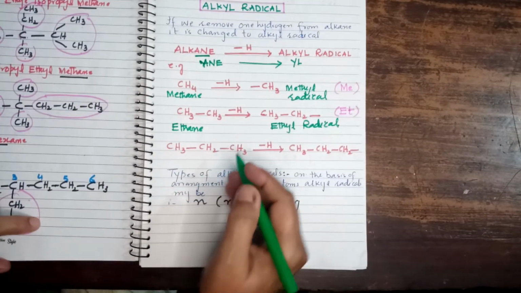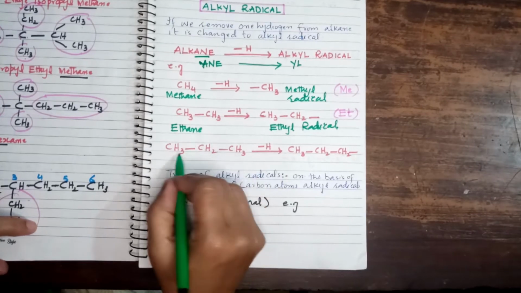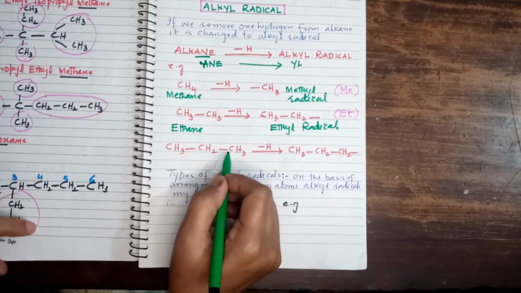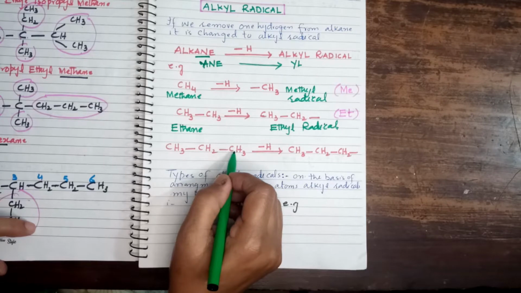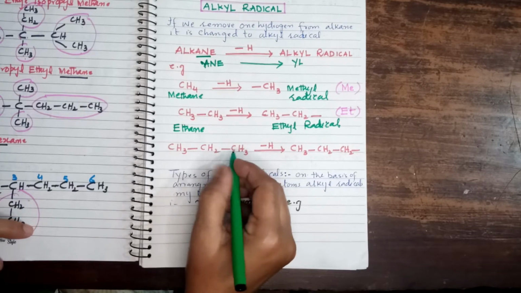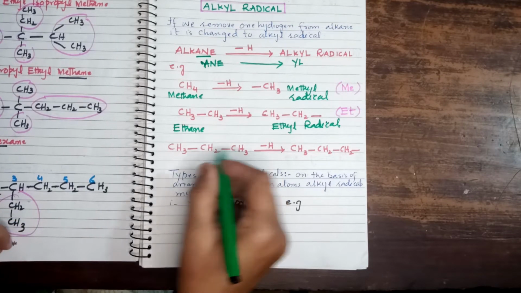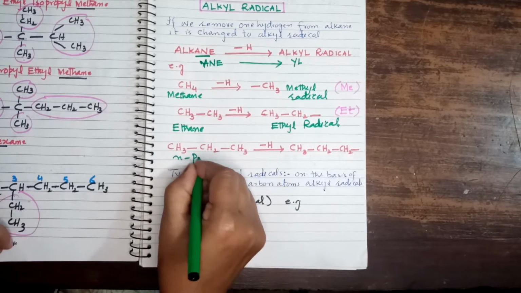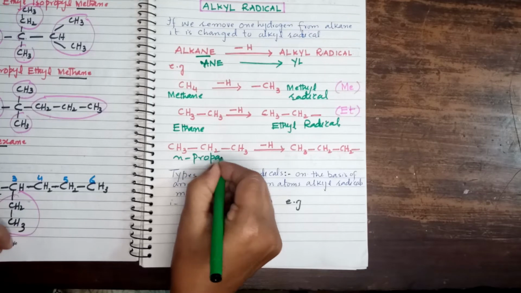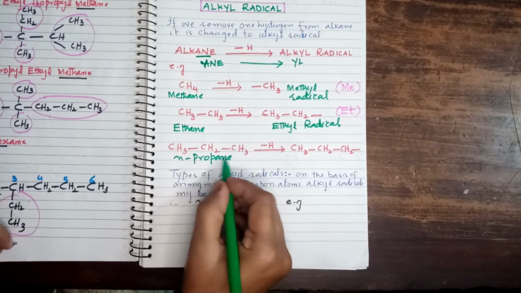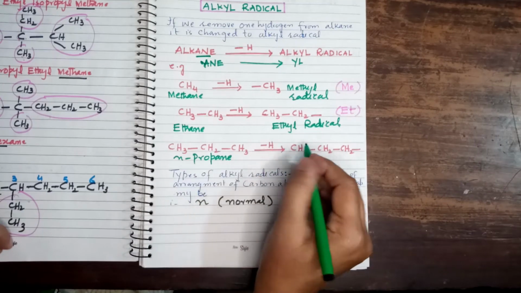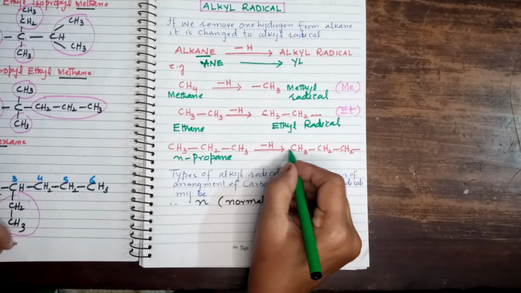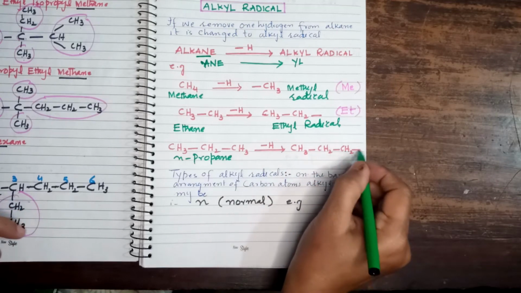Similarly, if an alkane is made up of 3 carbon atoms, right? The 3 carbon alkane is known as propane. This is n-propane. After the loss of one hydrogen, one valency of carbon becomes vacant, like here.